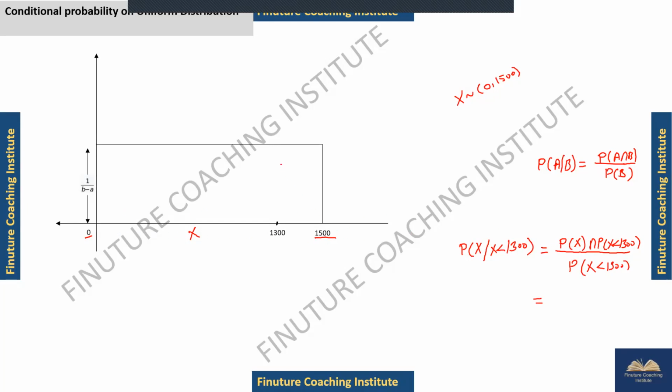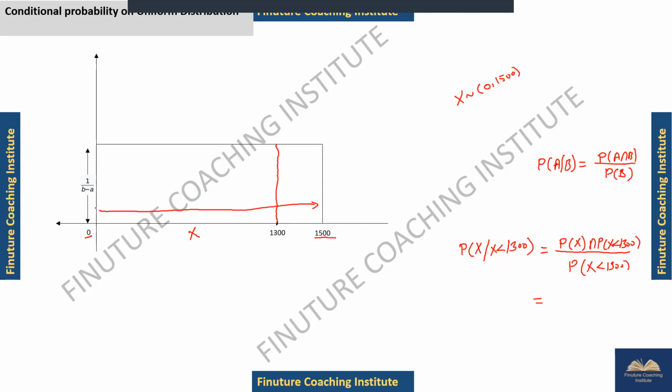Just think of this as a straight line. X belongs to this complete area from 0 to 1500, and the other part, which is less than 1300, corresponds to this portion.